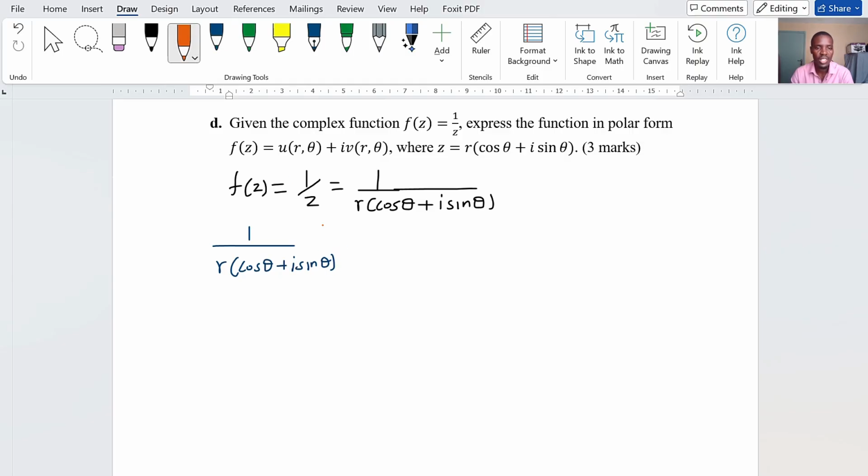Now, to work out this, we multiply both the numerator and the denominator by a complex conjugate. So cos theta plus i sine theta, the conjugate is simply the negative here. So cos theta minus i sine theta.